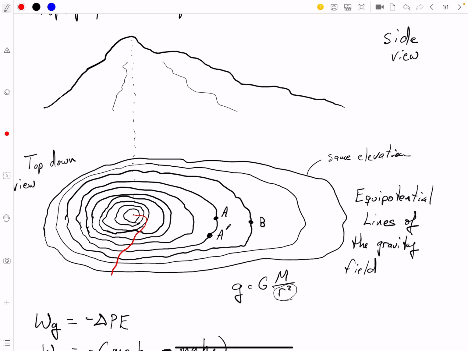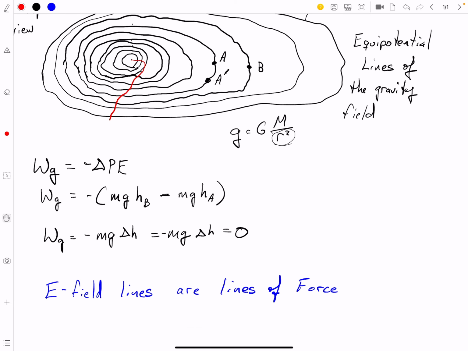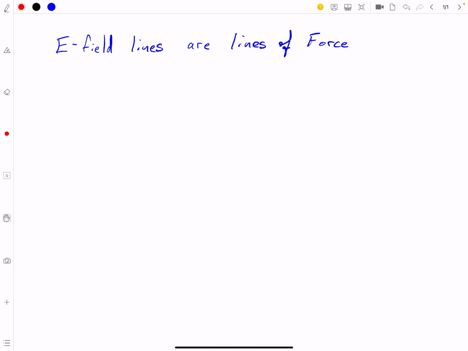The lines of force are your E field lines, and they're always perpendicular to the potential.